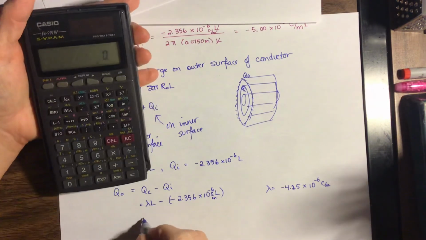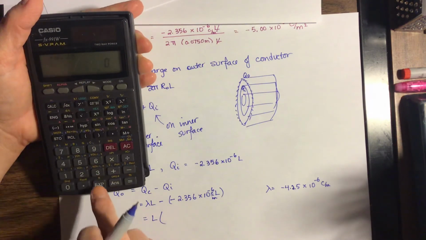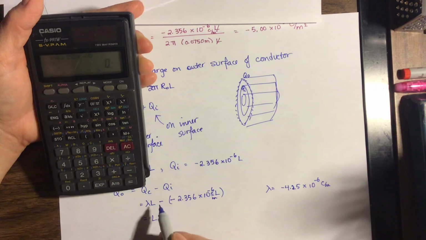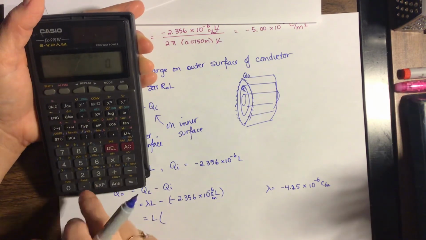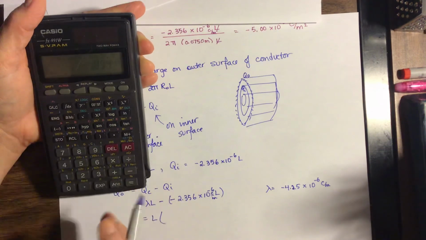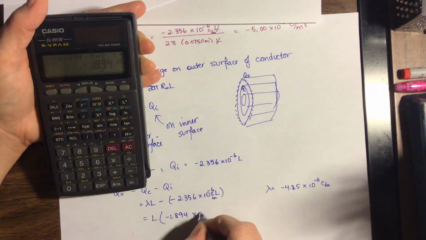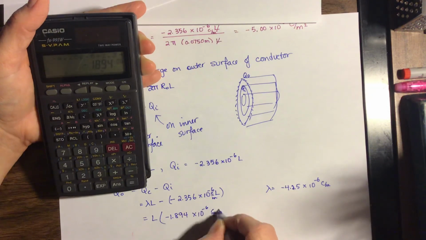So that's L outside of minus 4.25 exponent minus 6. Minus a minus gives us a plus 2.356 exponent minus 6. Minus 1.894 times 10 to the minus 6 coulombs per meter.